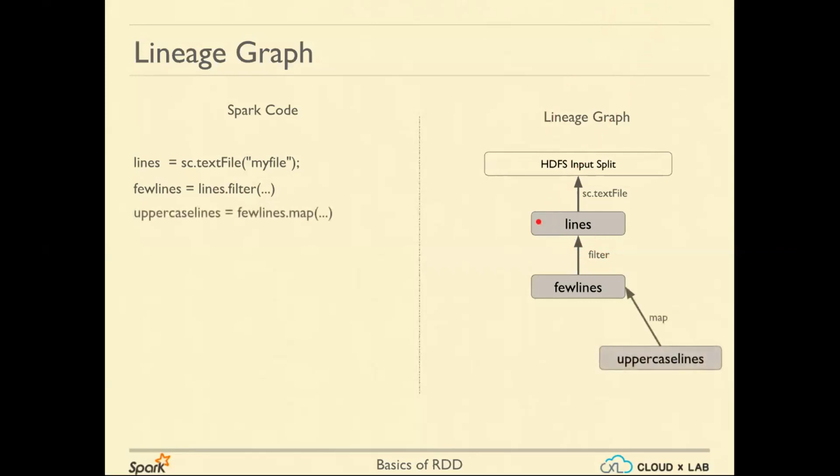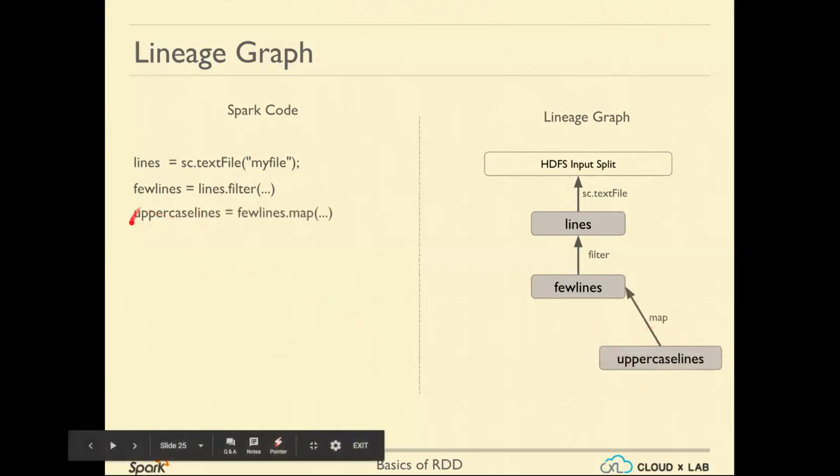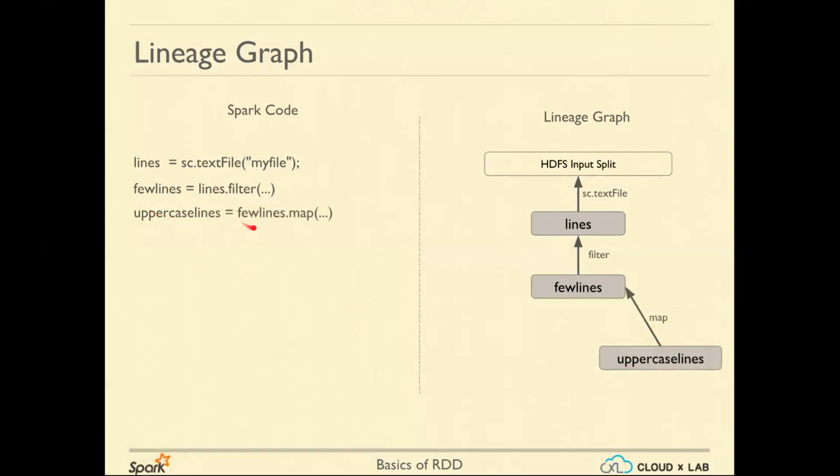Further, we have another RDD, uppercaseLines, which is fewLines.map. Then we have lowercaseLines, which again depends on fewLines and maps some function. Dot dot dot means we are going to write some function here and so on.